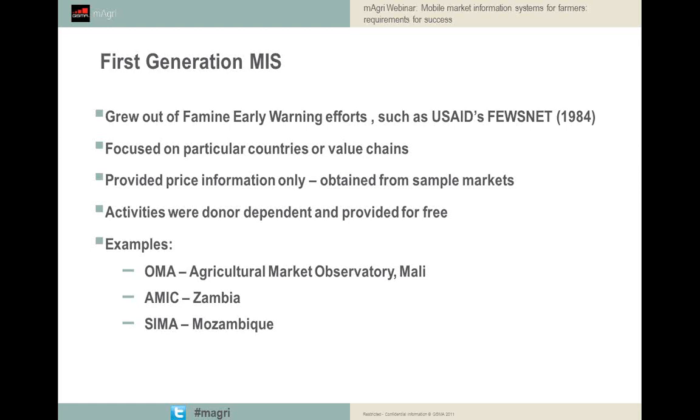This generation of MIS focused on particular countries or value chains usually, and in general only provided price information, which was obtained from enumerators and sample markets. First generation activities were generally donor dependent and provided for free to all stakeholders. Examples of these systems include OMA in Mali, AMIC in Zambia, and SEMA in Mozambique.